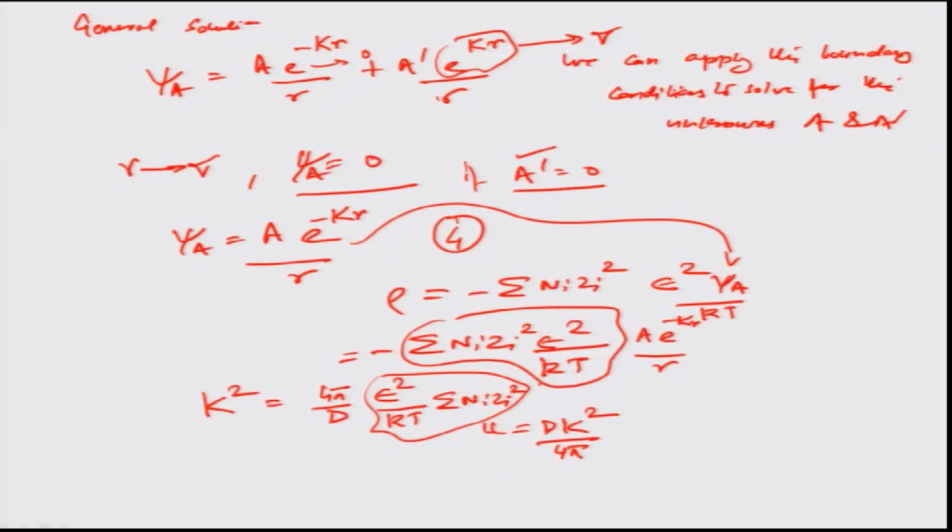Okay. So, I would like to now substitute this back into this expression for rho. So, rho becomes equal to minus d capital K square by 4 pi times a e to the power of minus K r by r.